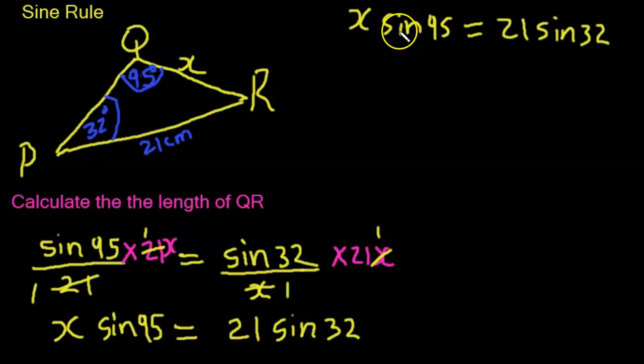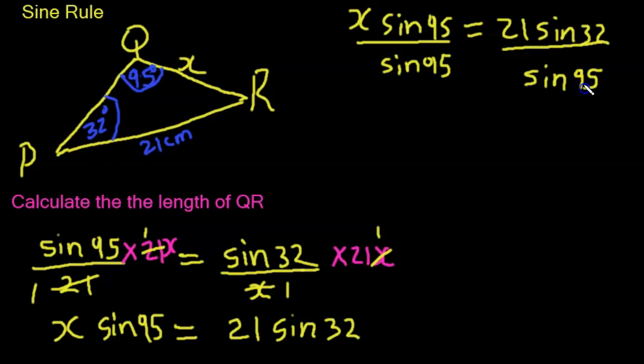So we want to get rid of the sine 95. So I divide both sides by sine 95. So sine 95 into itself, that's 1. So leave me with x.